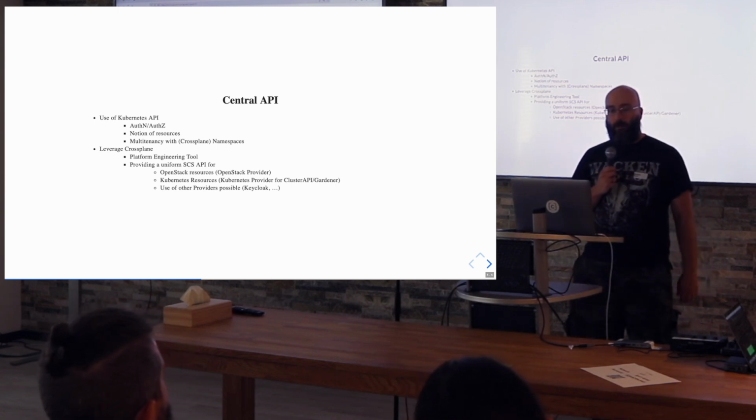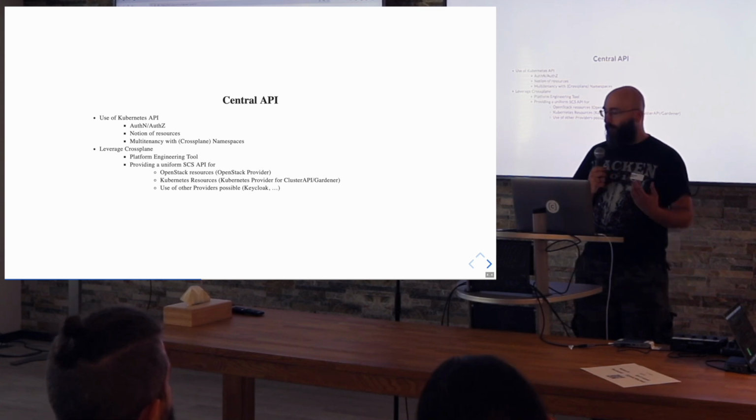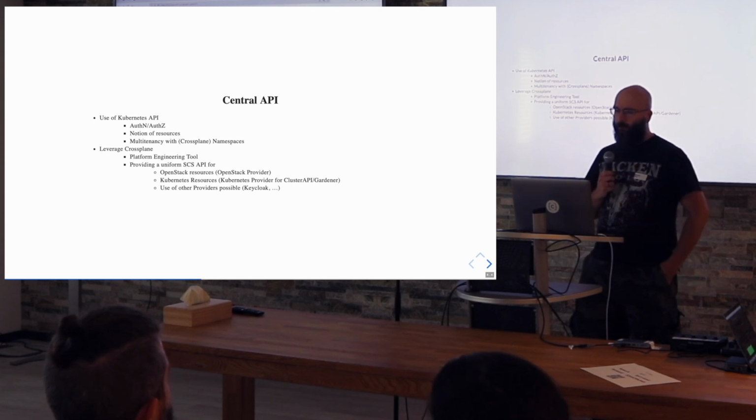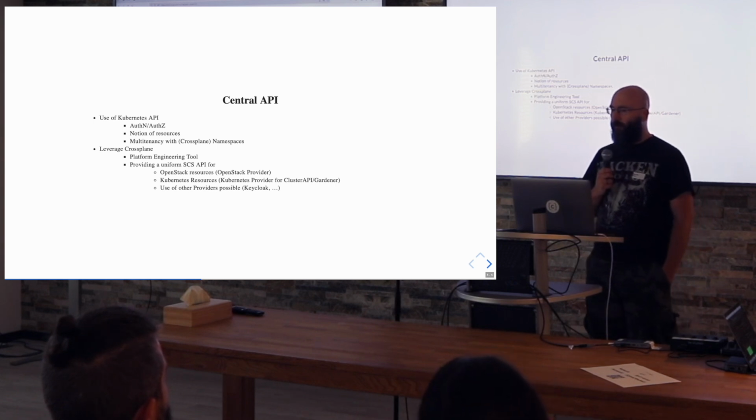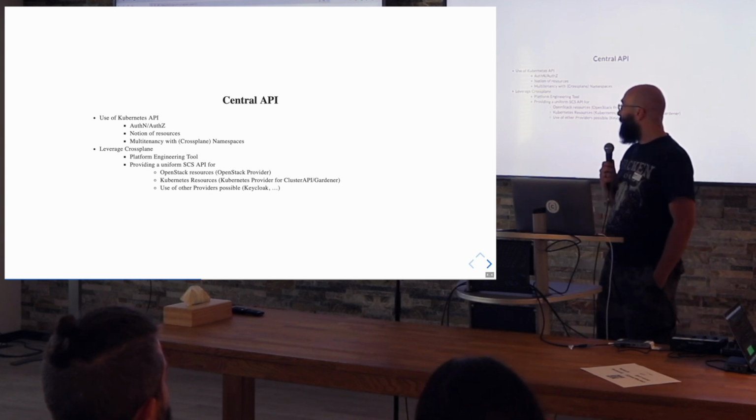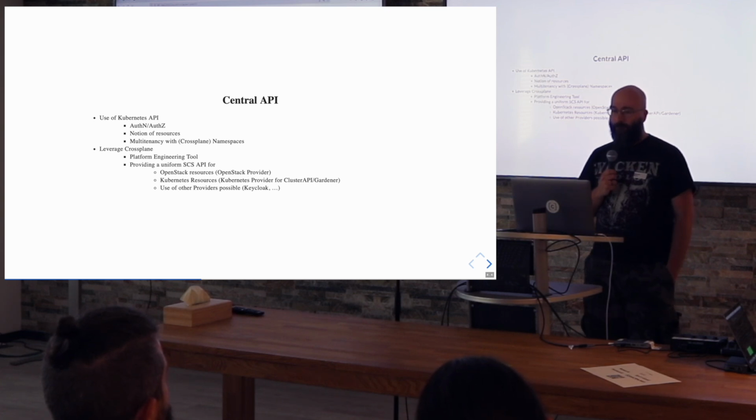Kubernetes has a really well-known way of describing resources with the Kubernetes API, and also we can quite easily achieve multi-tenancy support using, in this case, Crossplane namespaces.